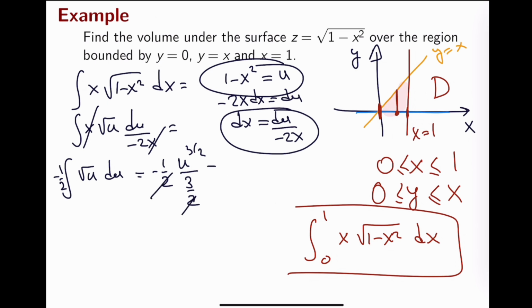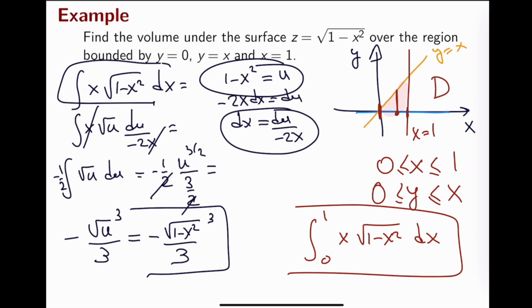Now the two cancel, and the result is minus square root of u cubed divided by 3. And now doing the change of variable back, this is minus square root of 1 minus x squared cubed divided by 3. So the primitive of this function is a function that started with x and finishes with x. u was just an intermediate variable that doesn't need to be involved with the change of extremes here.